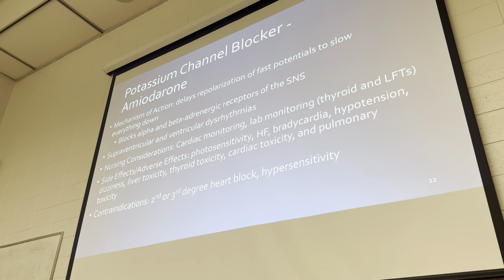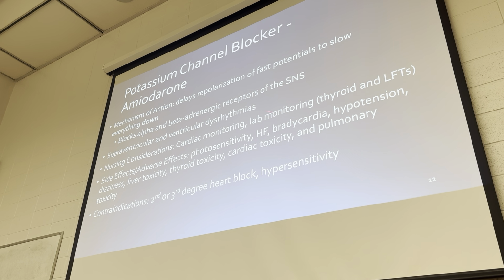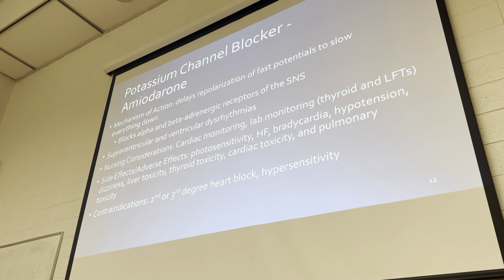So that person's going to have checkups at their provider's office and they're going to have EKGs. But if we're on an amiodarone drip, cardiac monitoring, blood pressure monitoring, and then we're also going to watch labs because we can have some thyroid toxicity and some liver toxicity. So we need to watch the thyroid and the LFTs.